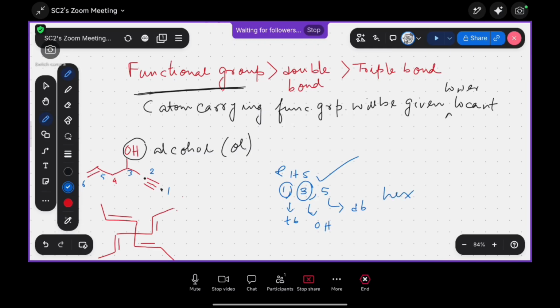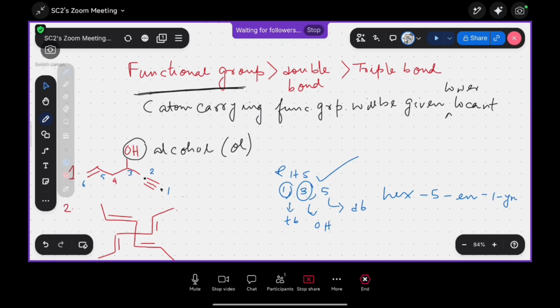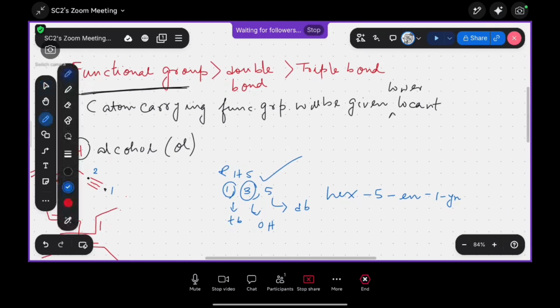And then we are having hex. Then at the fifth position we are having ene. Always the alphabetical rule has to be followed, alphabetical sequence. Hex 5 ene. Then it is 1 yne. Hex 5 ene, 1 yne, and 3 ol.